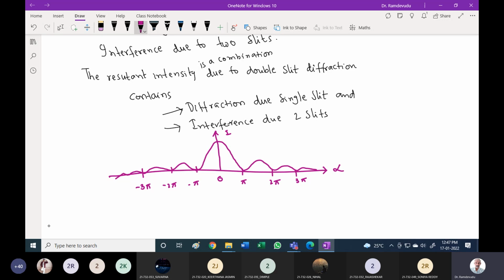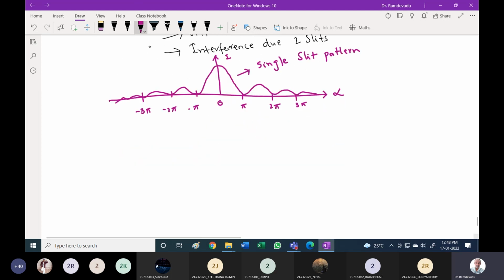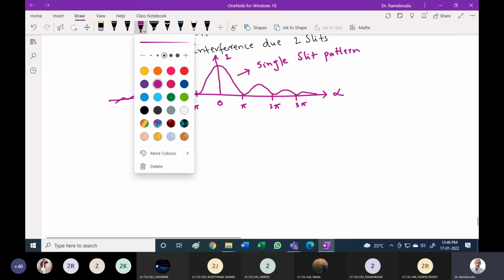This is the single slit pattern. But we know that double slit should have interference also. Therefore, it will have the interference pattern in it.